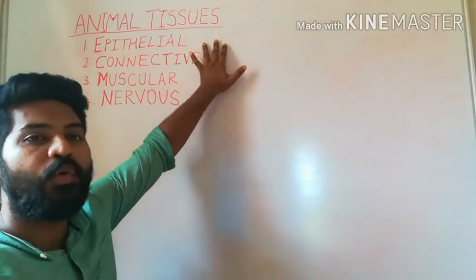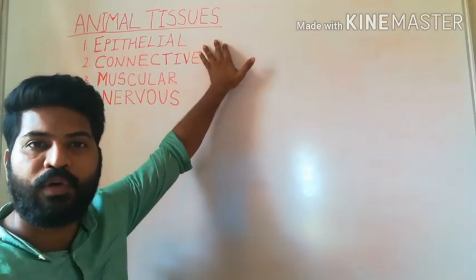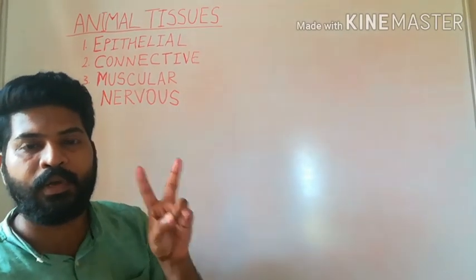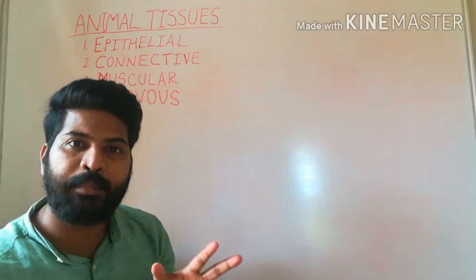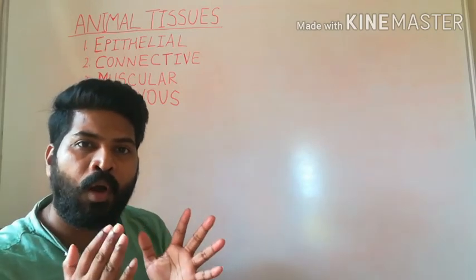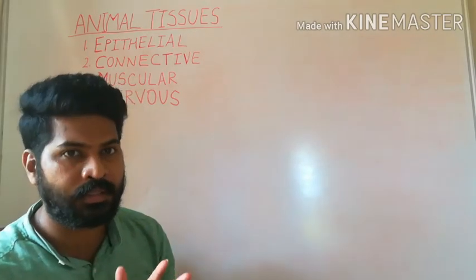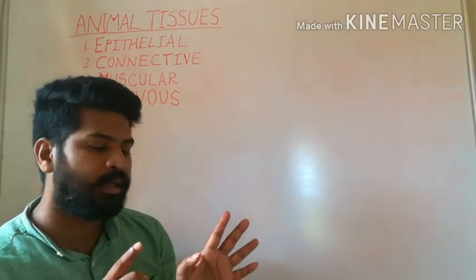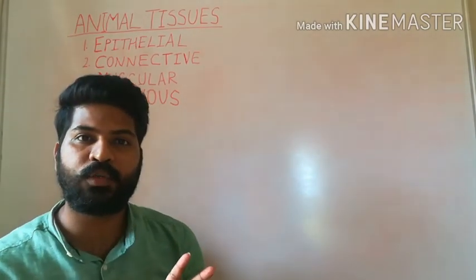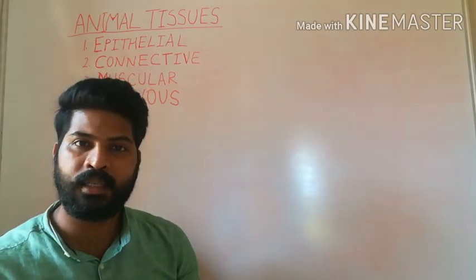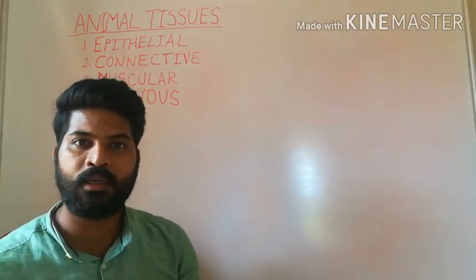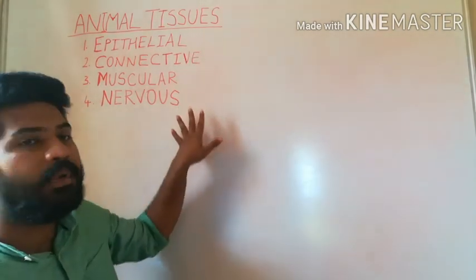Number one, the location: where are these types of tissues found? Number two, what are the cells in these tissues made up of, or how are these tissues organized? And number three, what functions do they perform in the human body? So under these three heads we will discuss all the four types of animal tissues.